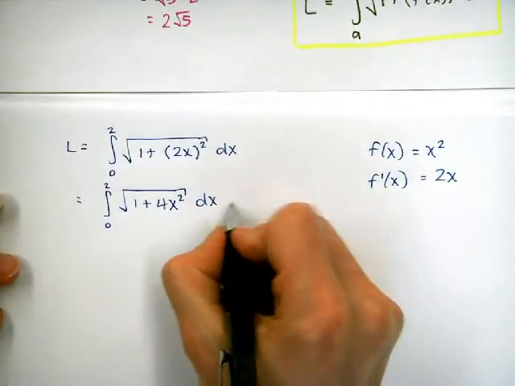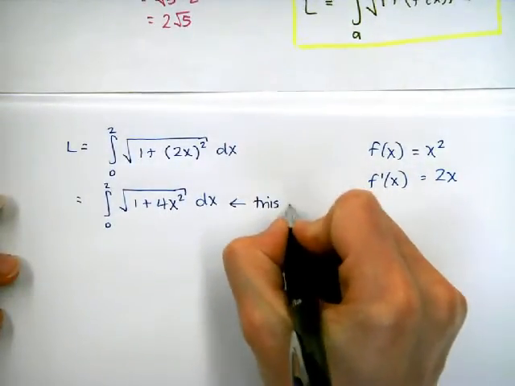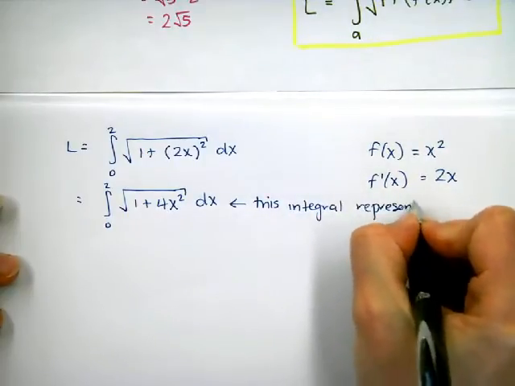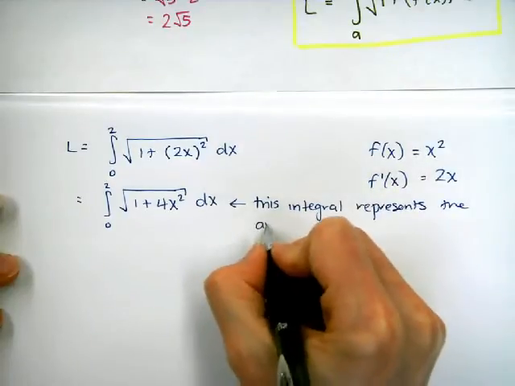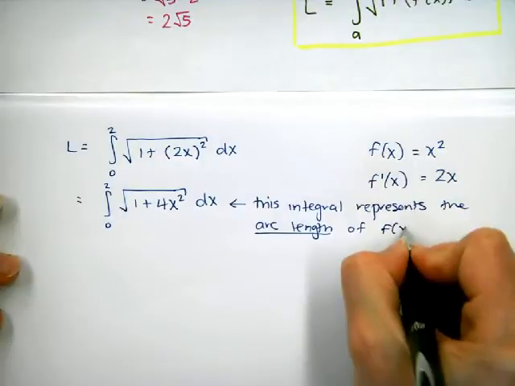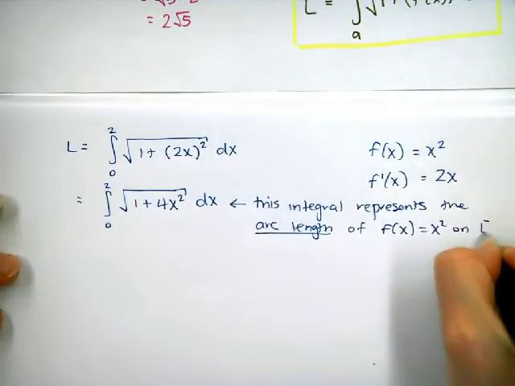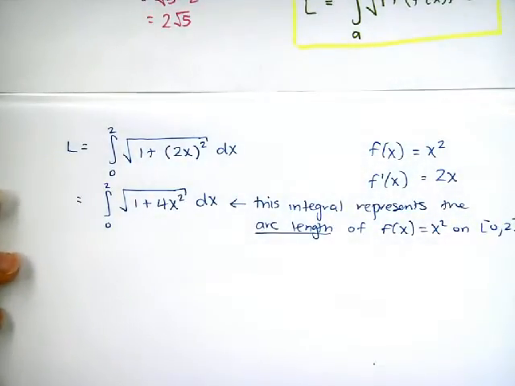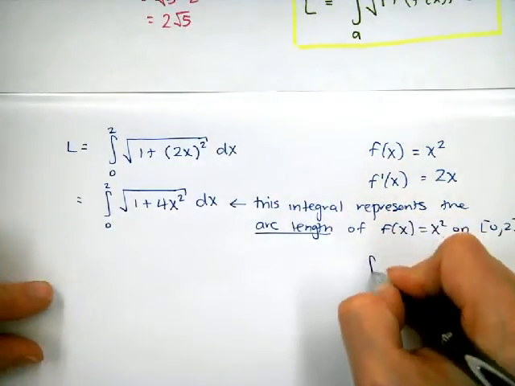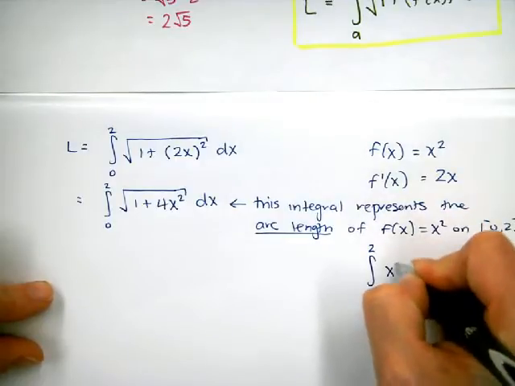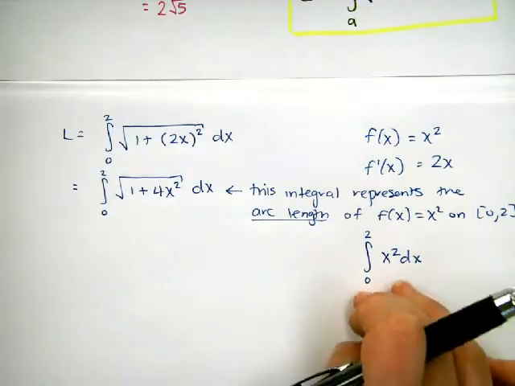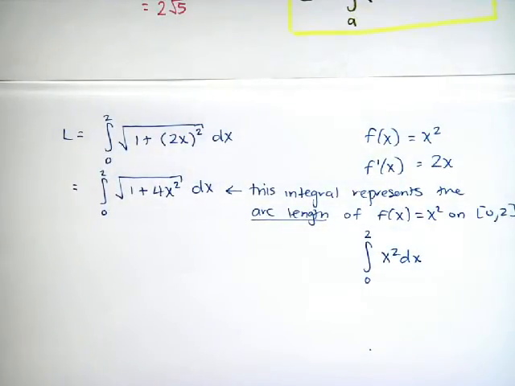So this integral represents the arc length of the function x squared on the interval from 0 to 2. The reason this is important is that if I had written the usual integral, what would it represent?